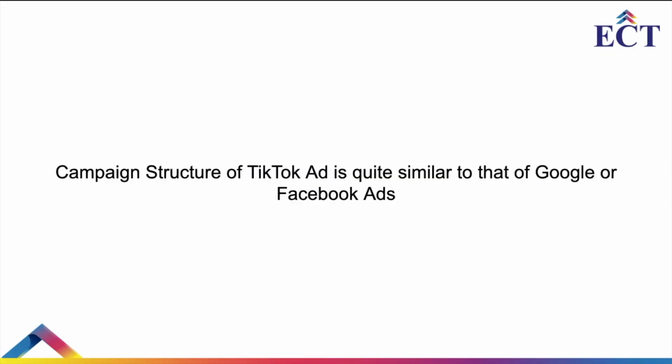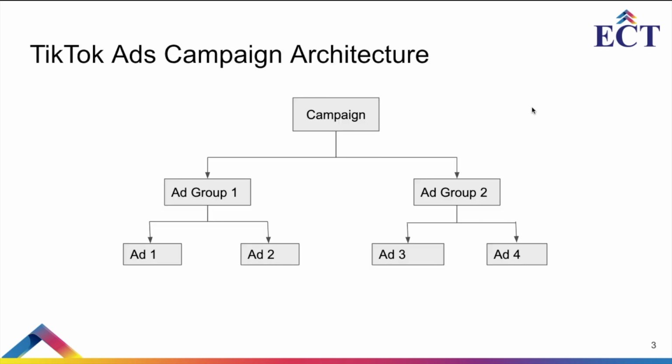If you look at the campaign structure of TikTok ads, you will find that it is quite similar to that of Google and Facebook ads. So it has the same features, like a campaign is divided into various ad groups, and then further each ad group is divided into various ads or various creatives. So this is how the entire campaign structure of TikTok is.